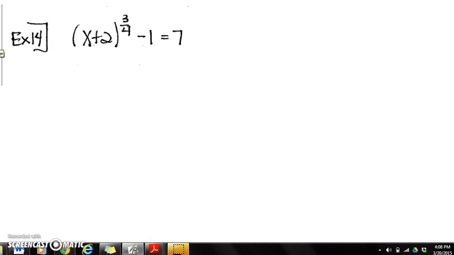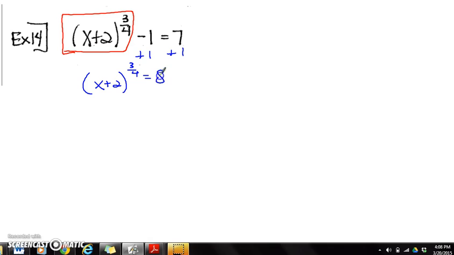Now, here you can't do anything until you isolate this. So you have to isolate what's in parentheses to the 3/4 power. So let's isolate it. We're going to isolate that by adding the 1 to each side. So you're going to get x plus 2 to the 3/4 equals 8. Now you're going to raise everything to the 4/3. When you do that, these cancel, and you just have your x plus 2.